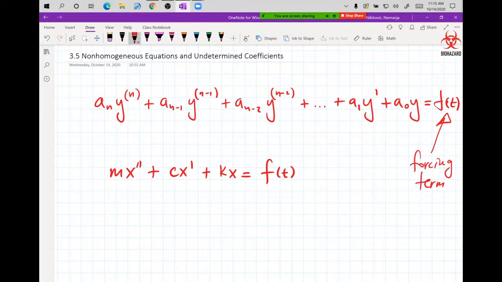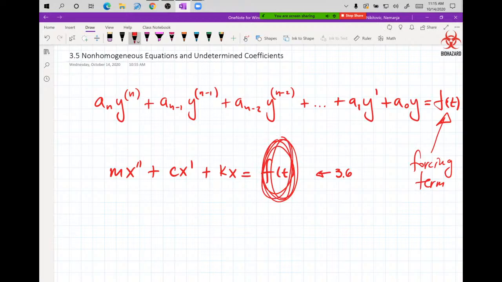So now we are allowing for this. This is equation 3.6, actually. But you understand now that this used to be a 0 in 3.4. And now we're going to learn the method that can solve this equation if that is a function of some kind.